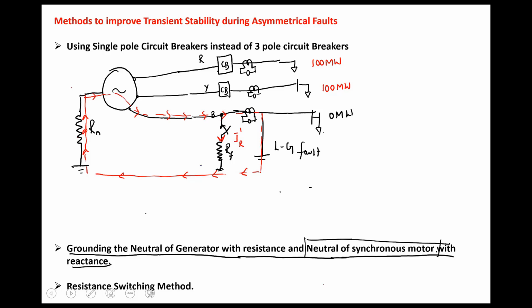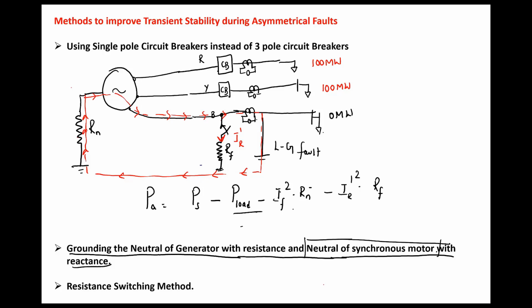So the total accelerating power, considering all three cases, will become shaft power minus the power transferred to load, minus the power dissipated in neutral resistance and the power dissipated in the switching resistance.